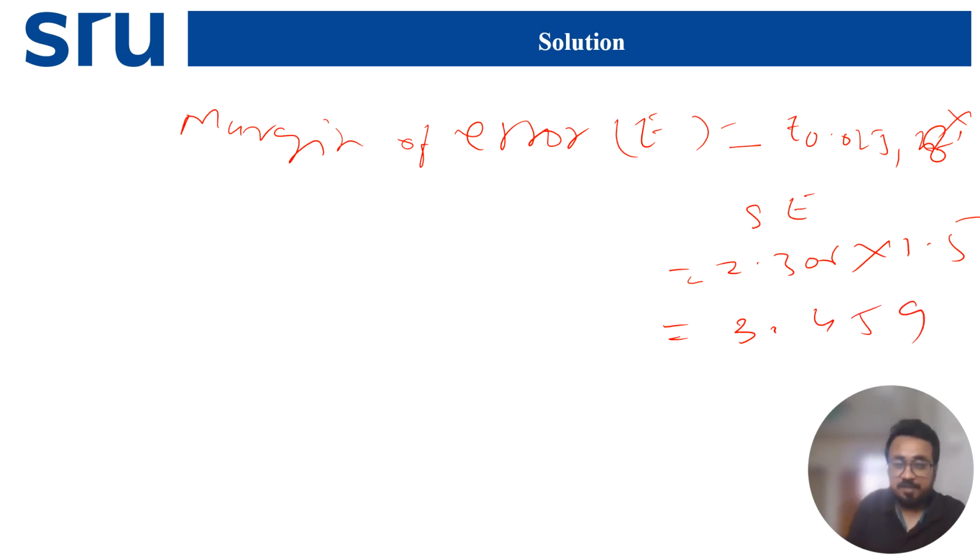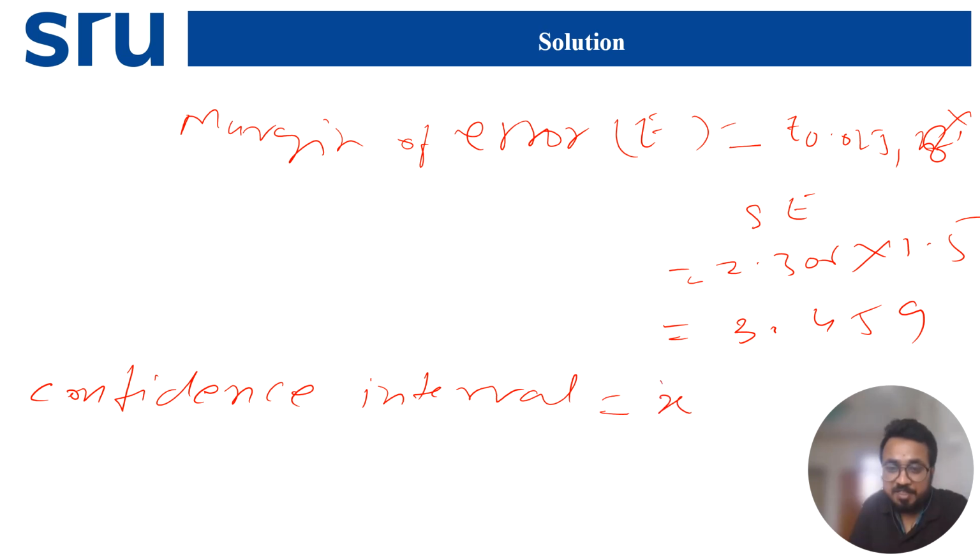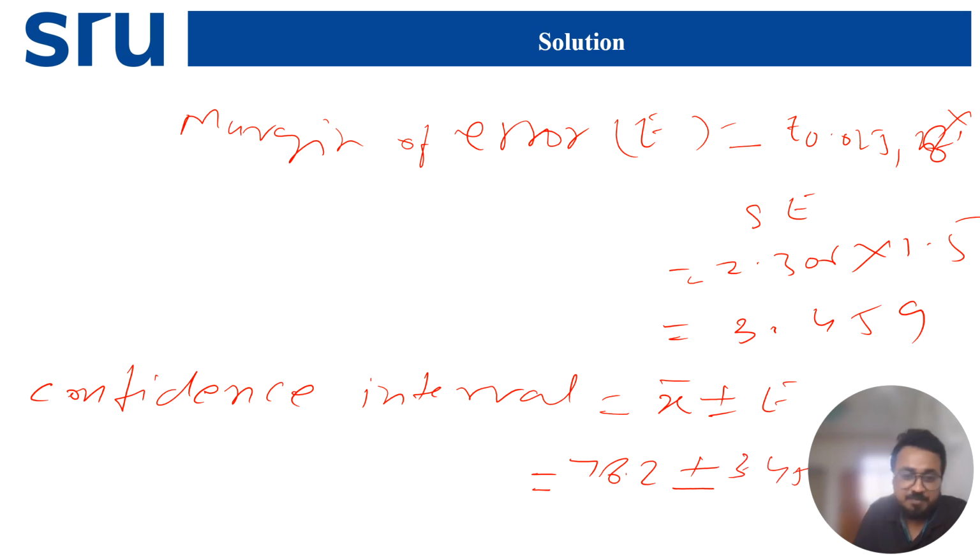3.459. Okay. So now what is the confidence interval? Confidence interval equal to X bar plus minus E, that is margin of error. X bar is 78.2, which is given, and E is 3.459.